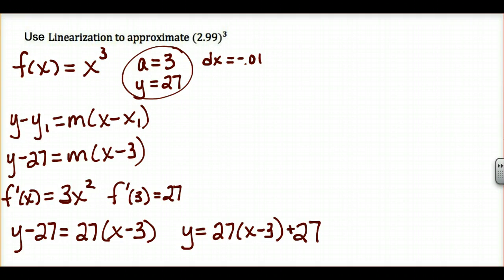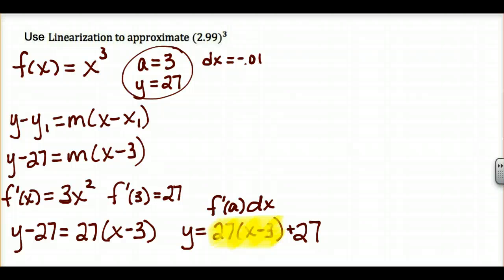And again, I just want to re-emphasize that this bit right here is just how much y will change by. That is just our f prime at a, and this is going to be our dx when we stick in 2.99.